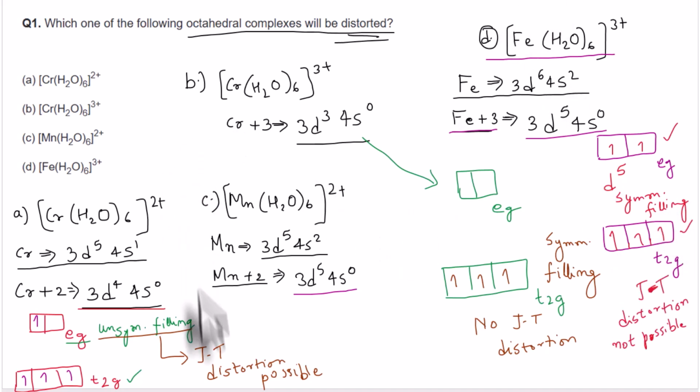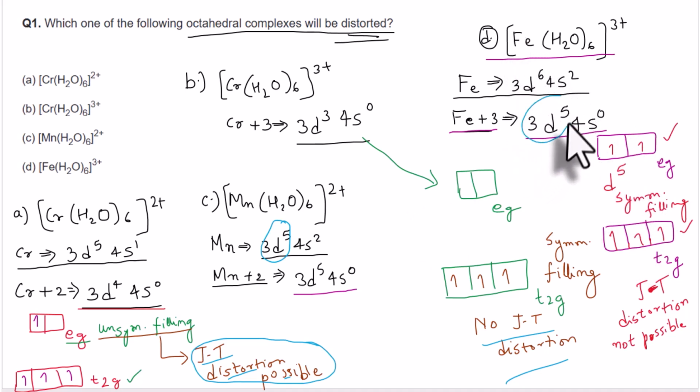So we only have option A with chromium +2 oxidation state, where eg is unsymmetrically filled and there is a possibility of Jahn Teller distortion. In B we saw a d3 configuration, all 3 electrons occupied like this, so no Jahn Teller distortion. Options C and D have a d5 configuration where t2g and eg orbitals are symmetrically filled, so again there is no Jahn Teller distortion.